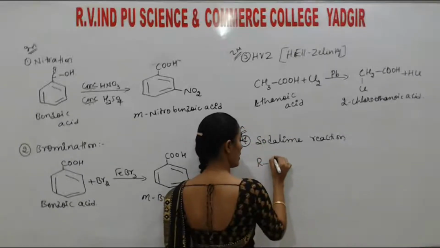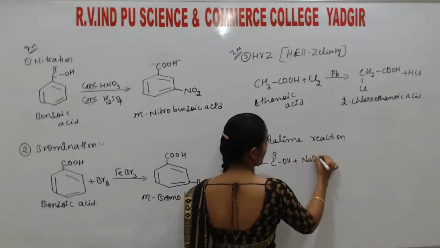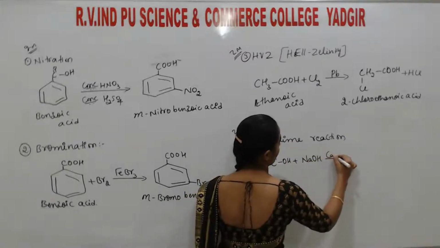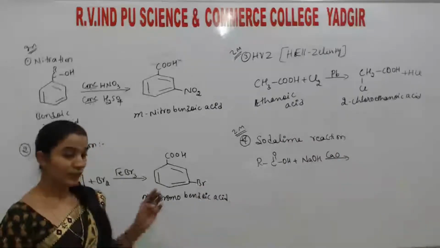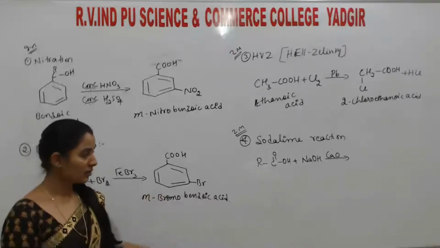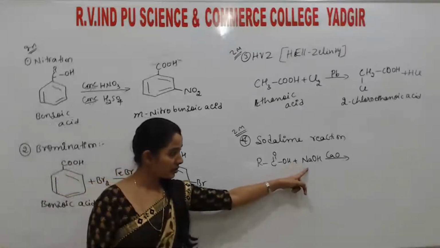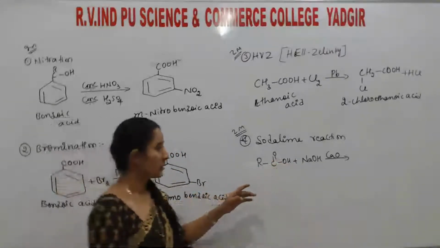Carboxylic acids react with soda-lime, which is NaOH with CaO. NaOH and CaO together are called soda-lime, and NaOH is called caustic soda. Remember, carboxylic acids react with NaOH in the presence of CaO.